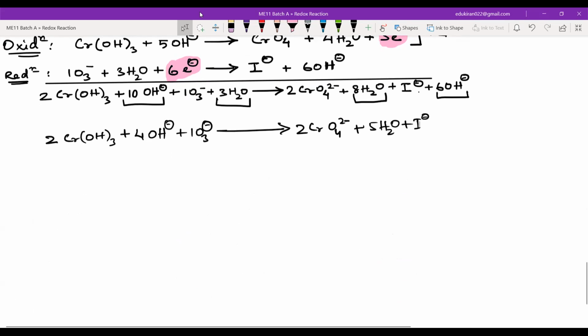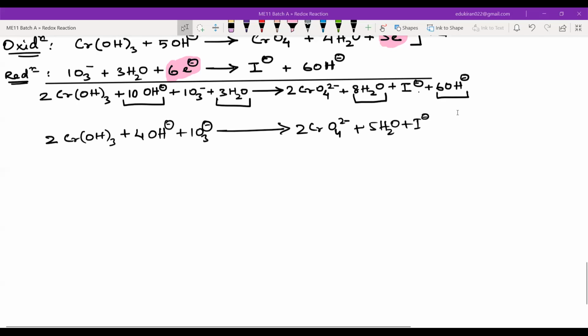So let me write, what are we doing here? First of all, what do we do? Ion electron method. So in the ion electron method, what is step one? The step one is to calculate the oxidation state of all of the species. That is correct. Okay. But what do we do with that oxidation number?